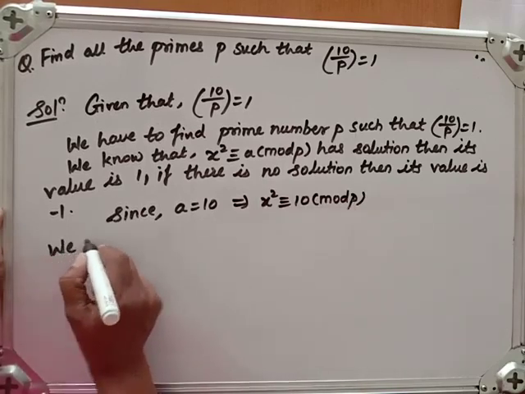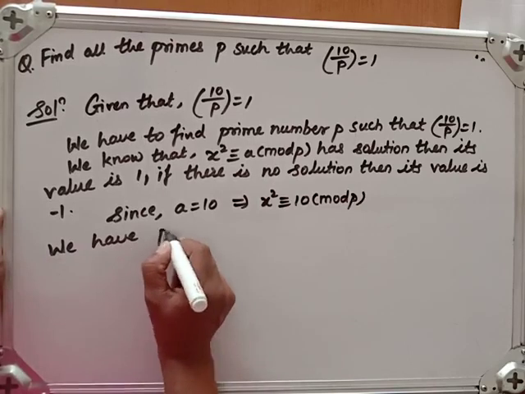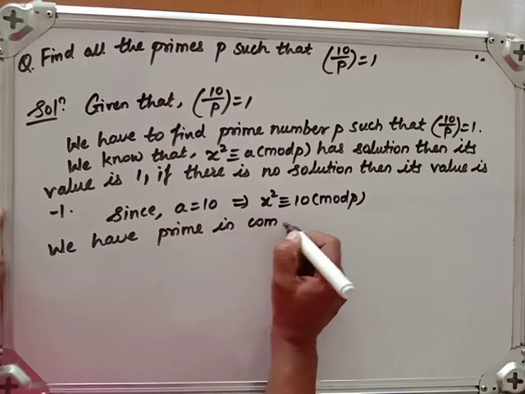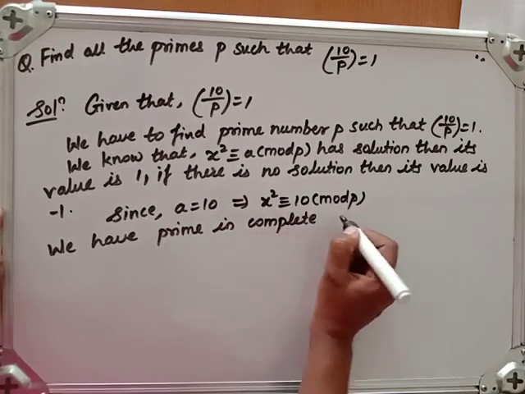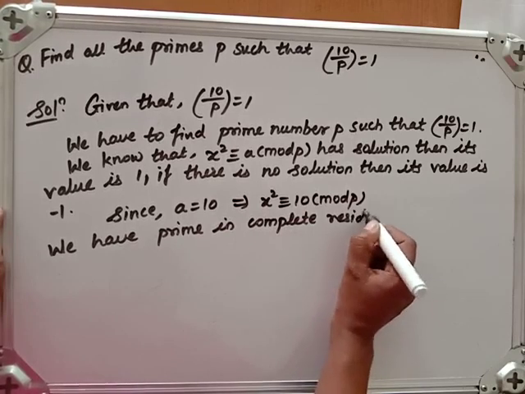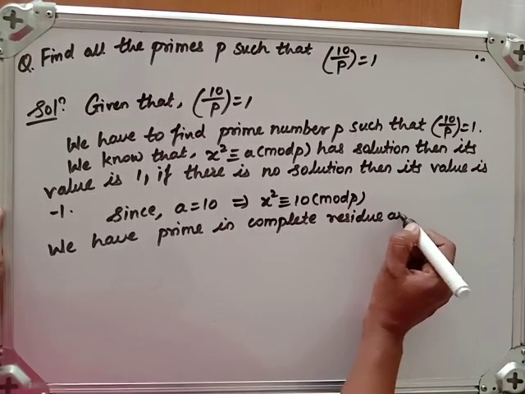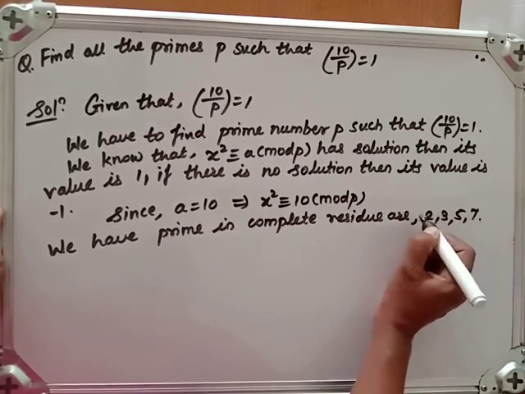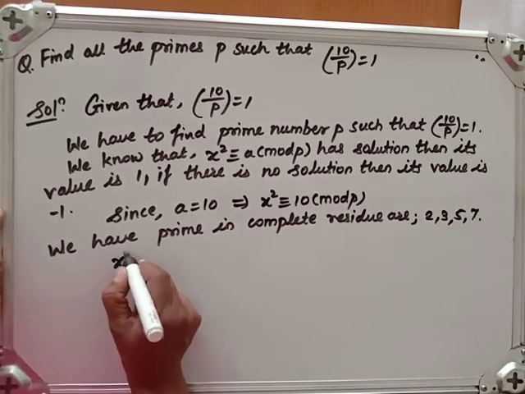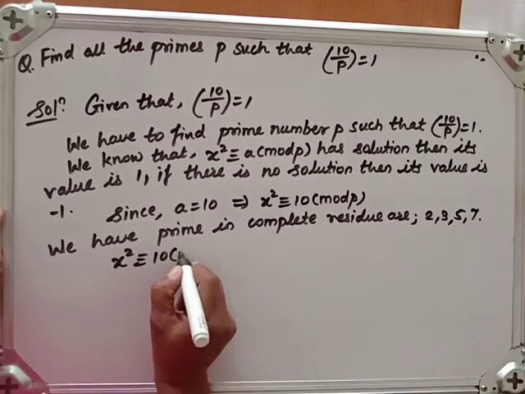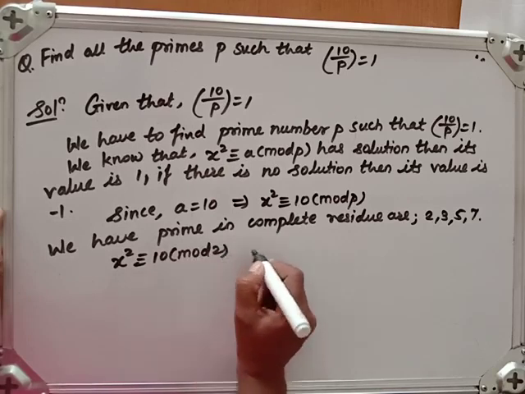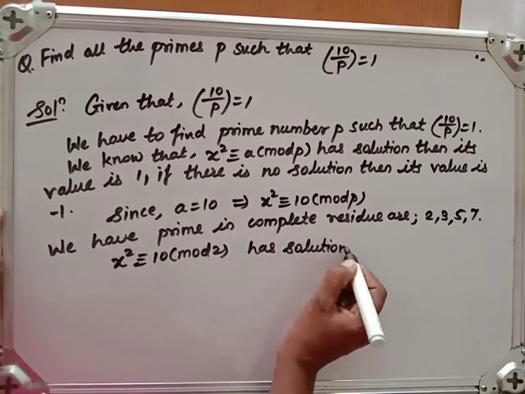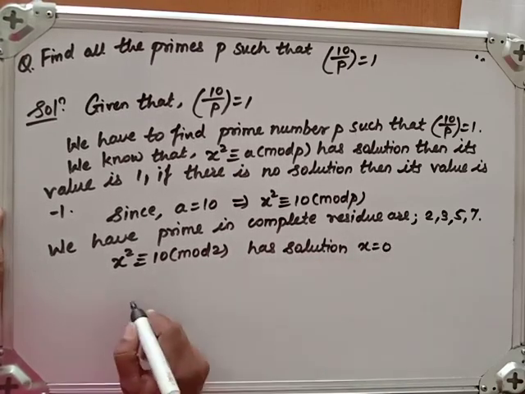We take the primes in a complete residue system, which are 2, 3, 5 and 7. Now, x square congruent to 10 modulo 2 has the solution x equal to 0.